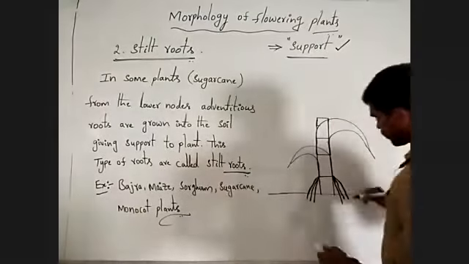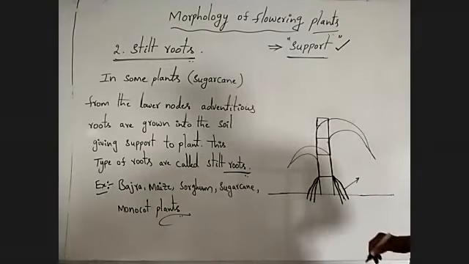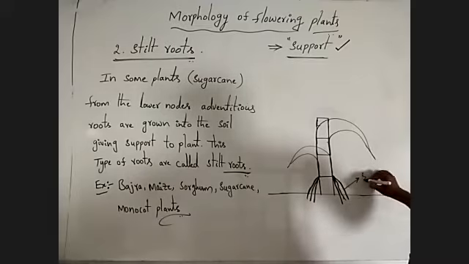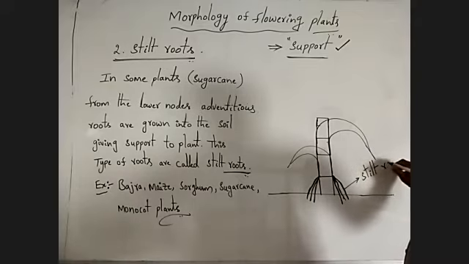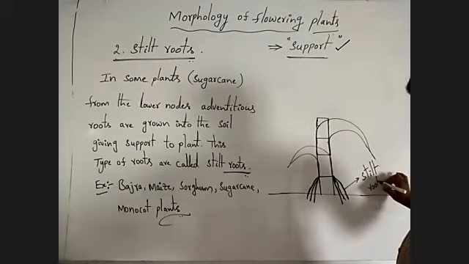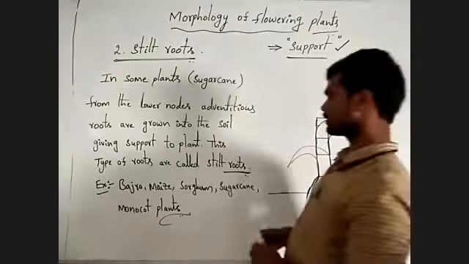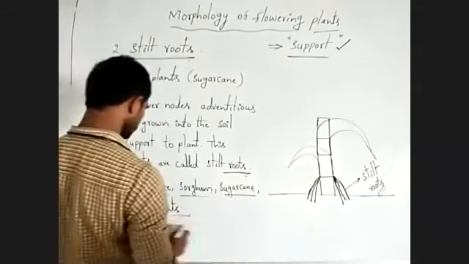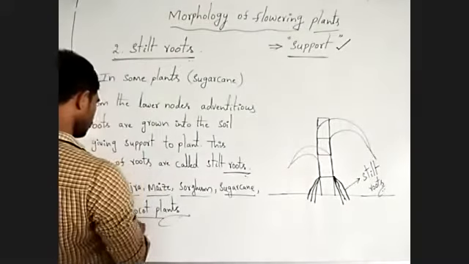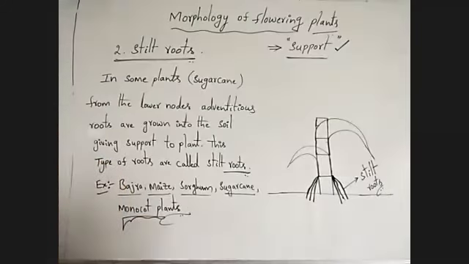They grow into the soil, giving the support to the plant. These type of roots are called stilt roots. Examples: bajra, maize, sorghum, sugarcane, and other monocot plants.